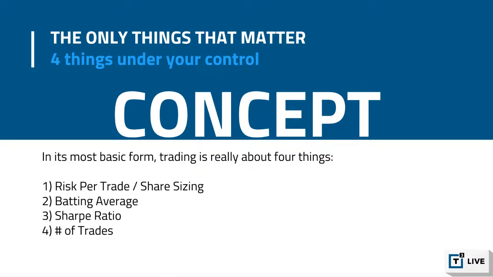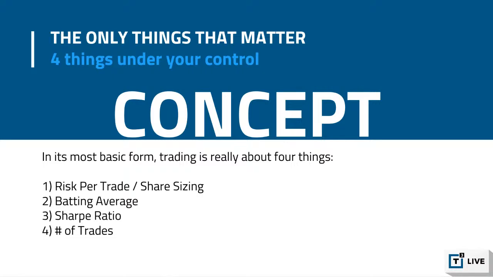First, what trading is all about when it comes down to the basic form is really just four things. It's your share size or risk per trade. It's your batting average, the Sharpe ratio, and the number of trades that you take per day, per week, per month, whatever you're trying to measure.